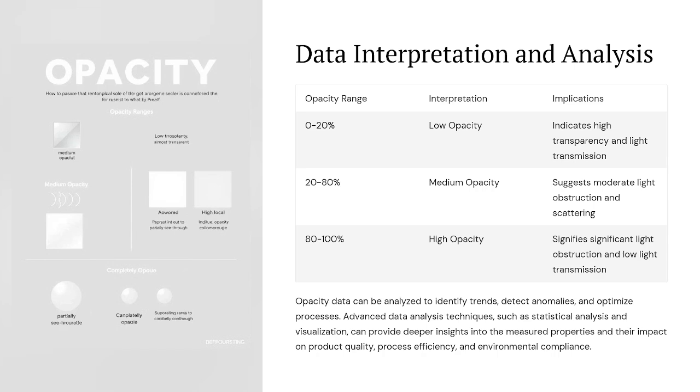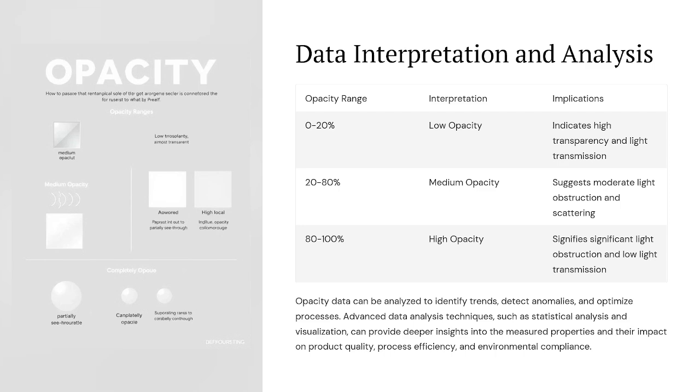Let's talk about data interpretation and analysis. When we measure opacity, we usually categorize it into three ranges: 0 to 20% opacity, 20 to 80% opacity, and 80 to 100% opacity. In the 0 to 20% range, the material is mostly transparent.